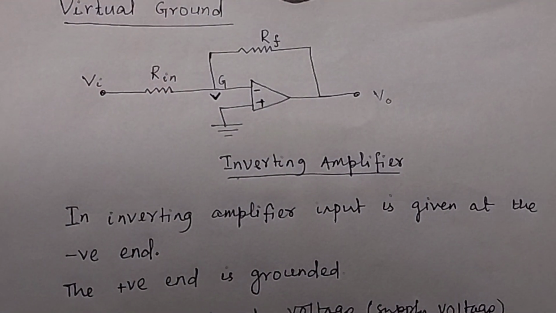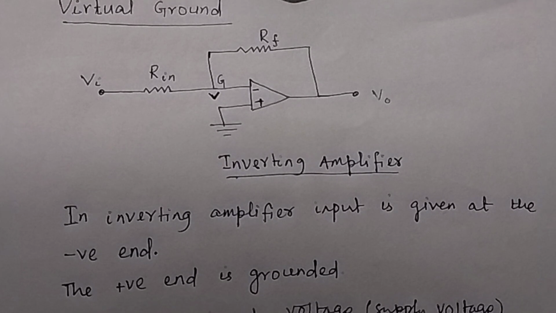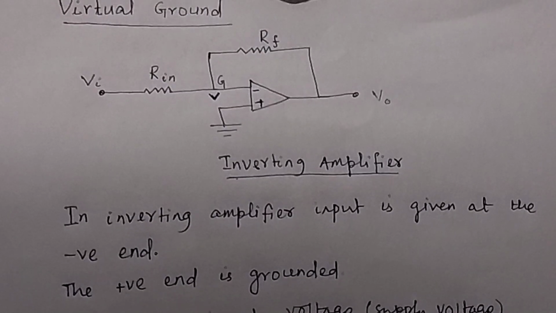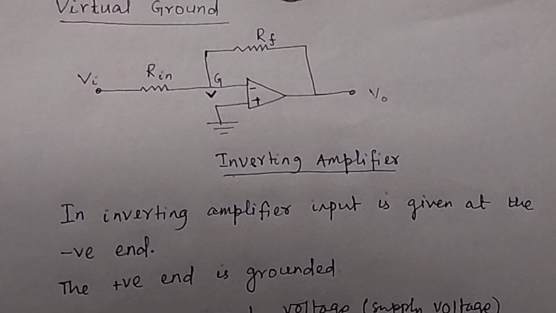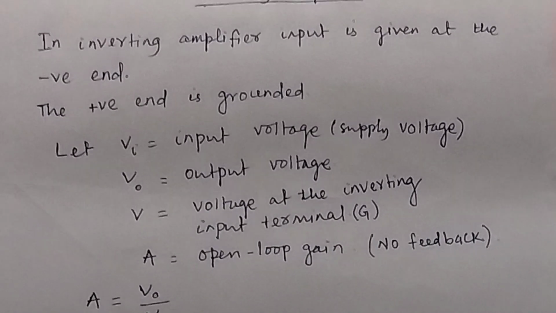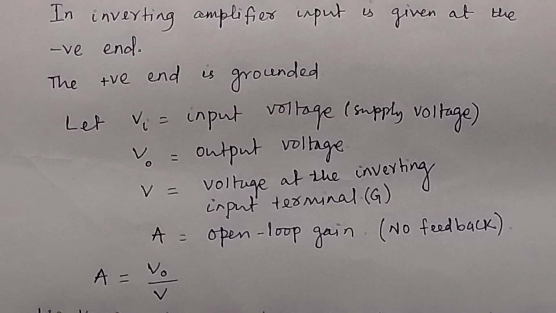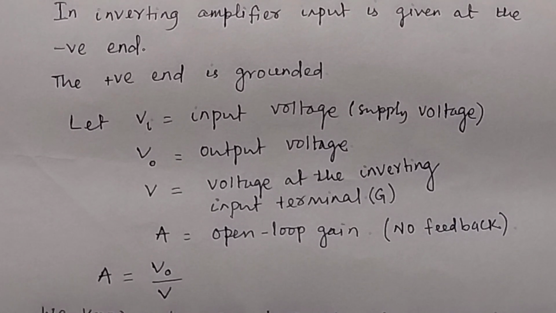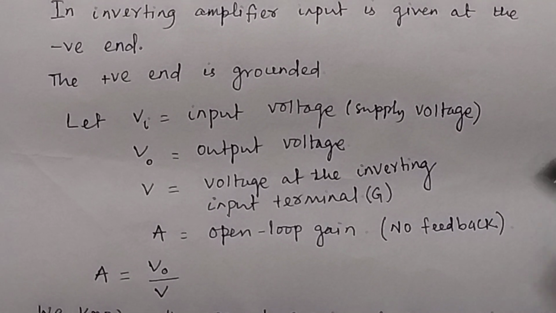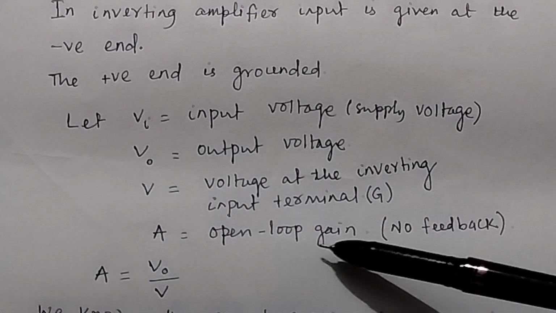Suppose the gain of the amplifier, that is the open loop gain, is equal to A. If you have no feedback, then that is called the open loop gain.